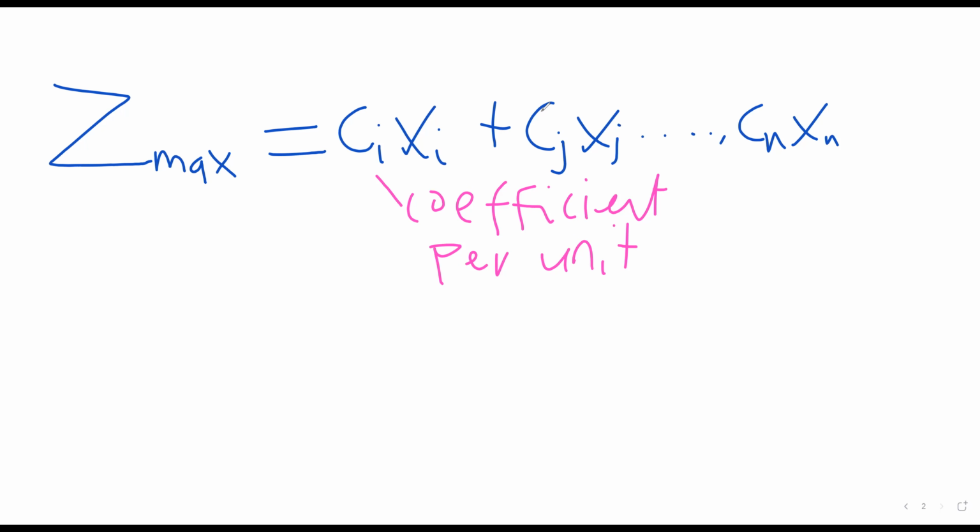And it is being multiplied by the decision variable. So each of the coefficients is a number. It is a number, and it's multiplying. So per unit means that it is for a single one of the decision variable you are dealing with, one of them.